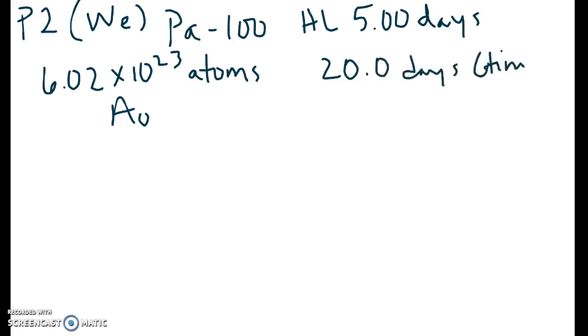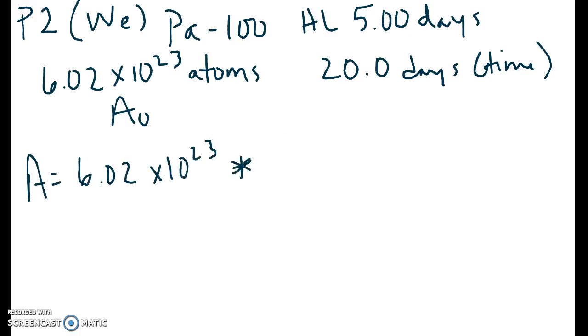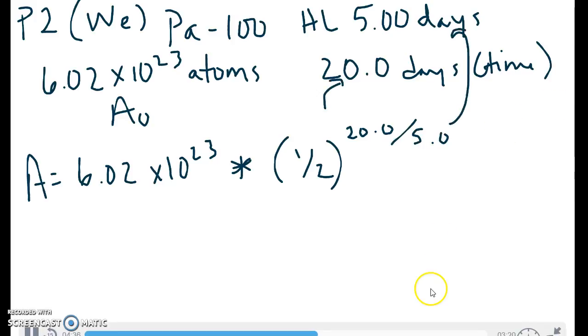So I'm still solving for A here. And I literally just have to plug in what I have. So A equals 6.02 times 10 to the 23rd times 1/2. And then that exponent is going to be 20.0 days divided by 5.0 days, because it's going to be the time over the half-life.